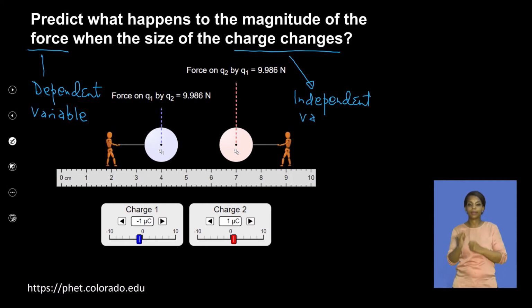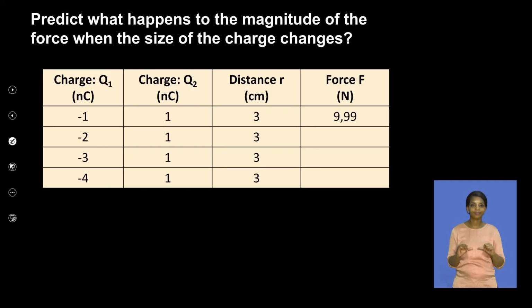So it's very important for us to identify our variables from the onset. What we're going to keep the same in this case is the distance between the two charges, Q1 and Q2. Now, as part of our prediction, here is a scenario.